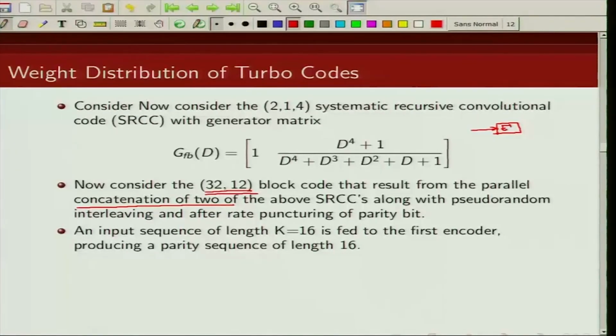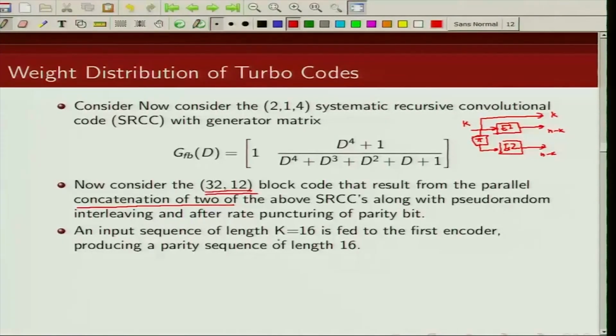This is encoder 1, this is your encoder 2, and then this is your interleaver. Then you have the parity stream coming from encoder 1, the parity stream coming from encoder 2, and then you have these systematic bits. So if you have k information bits coming in, here you are getting k information bits, here you are getting n minus k parity bits, and here you are getting n minus k parity bits.